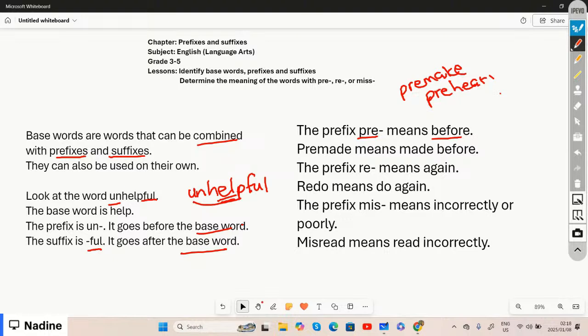And if you look at that prefix word, that says pre. Pre means before. And that is why we say knowing the meaning of the prefix will help you to know the meaning of the new word that is being created.